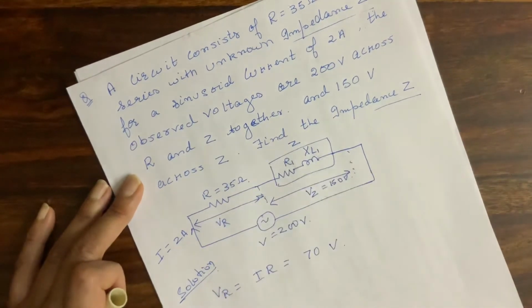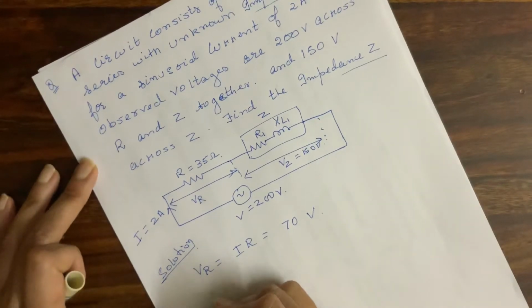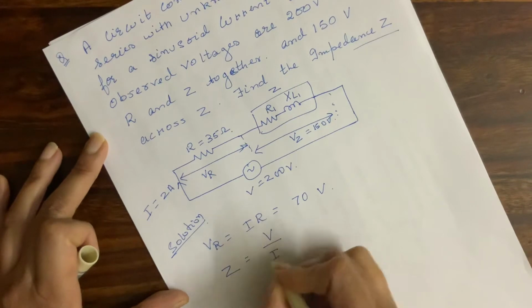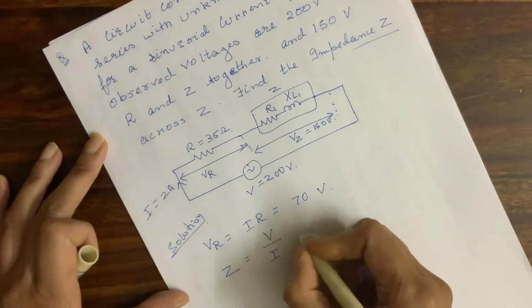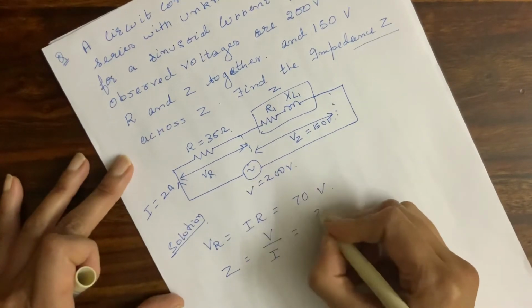The first thing that should come to your mind is the total impedance Z. When we know the total voltage and total current, we can obviously find the total impedance. What is the total voltage? 200.